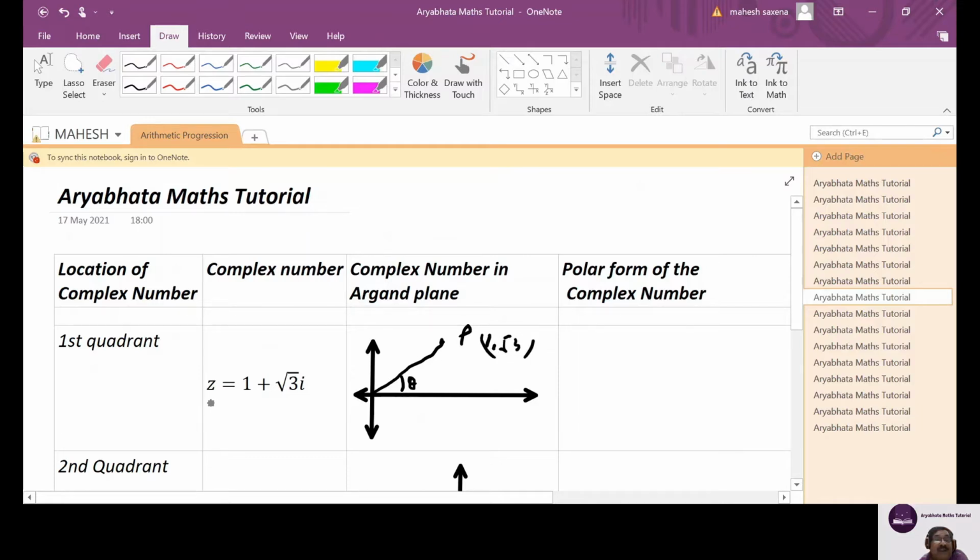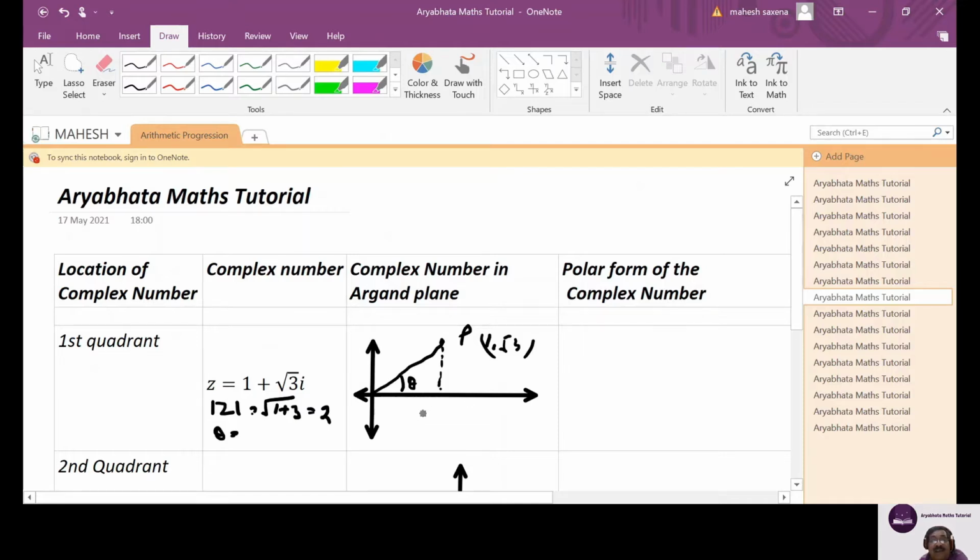Therefore, modulus of z in this case is equal to under root 1 plus 3, that is 2. And this distance is root 3, this distance is 1.